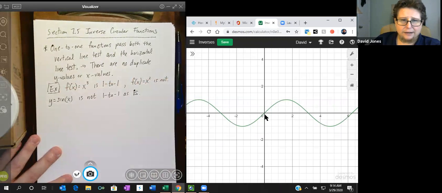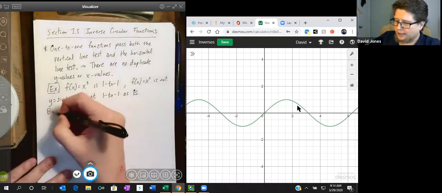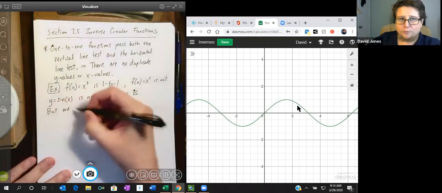Not even a full cycle, as soon as I go from 0 to pi over 2 and I start coming back down again, my y values start repeating. So this is bad the way it is. But we can make trig functions 1-to-1 by restricting their domain.